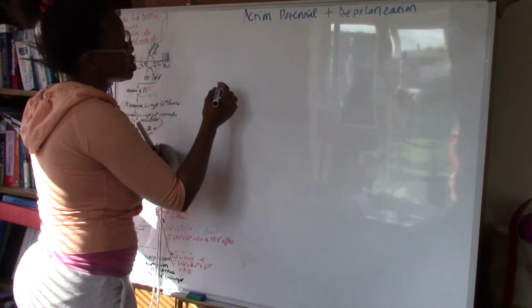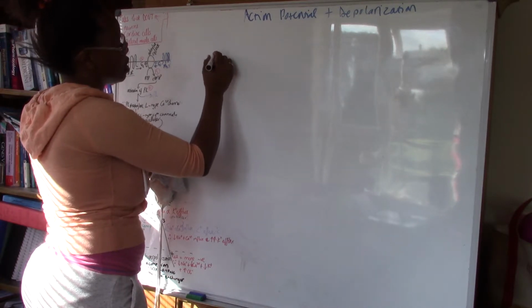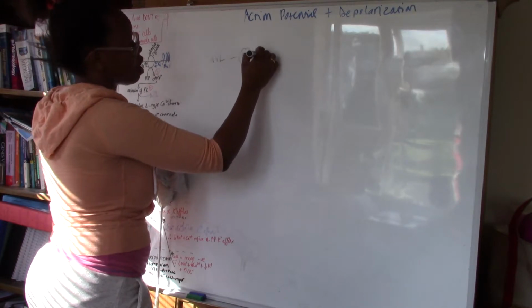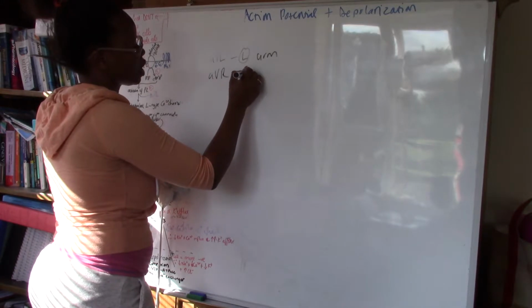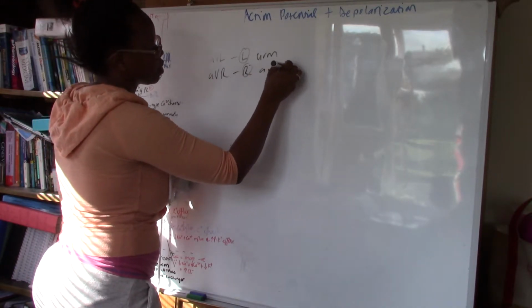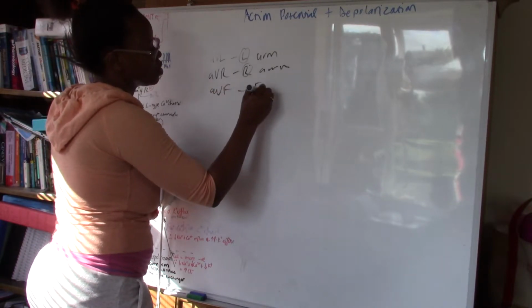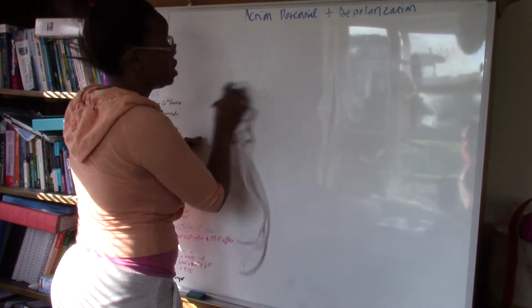However, for lead placement, for ECG leads, we have AVL, which is placed on the left arm, then AVR, again right arm, and then AVF will go on the foot, and these are the limb leads.